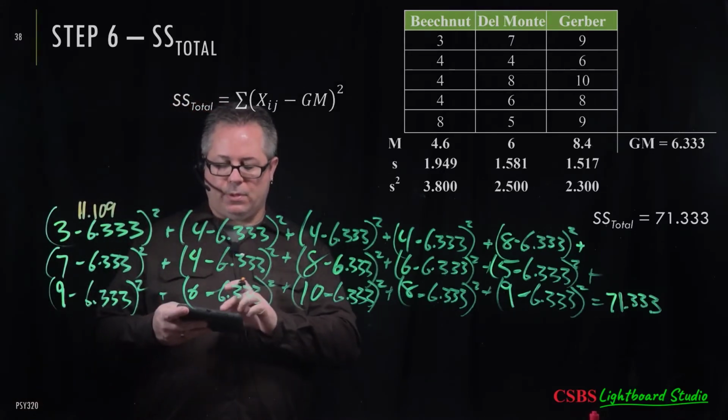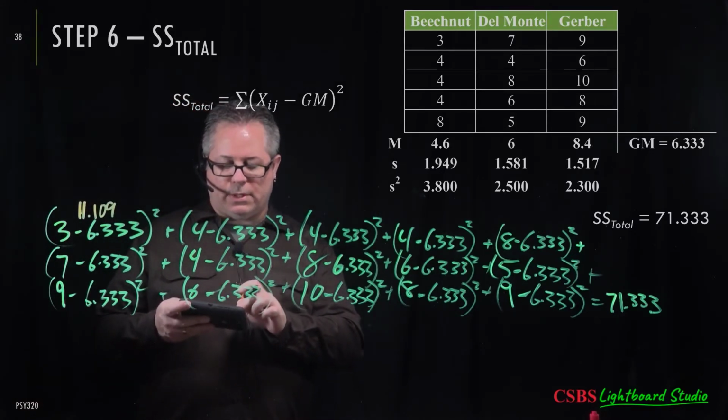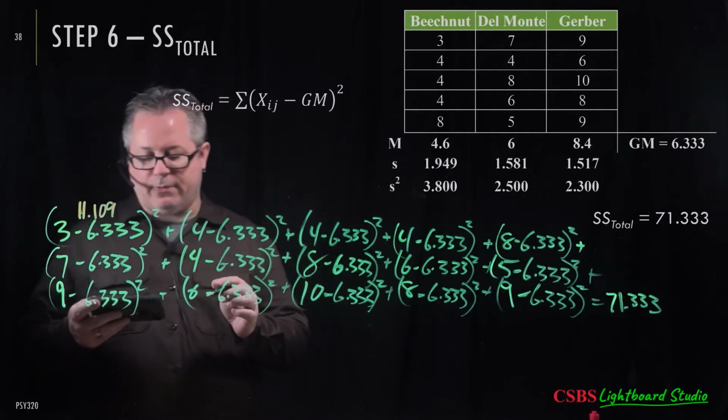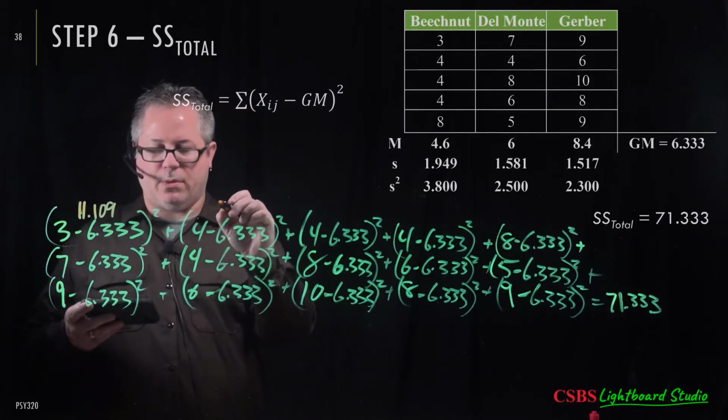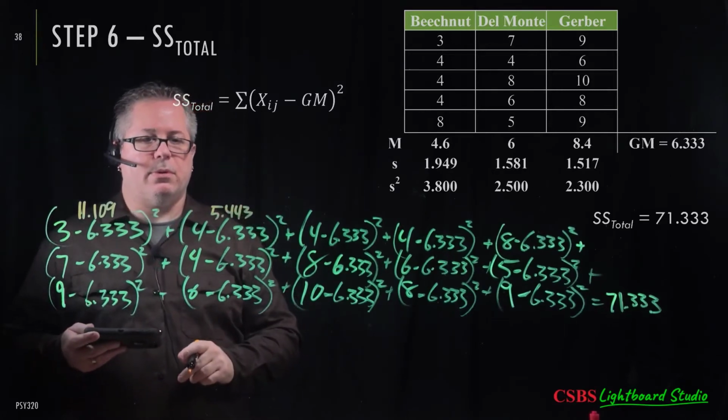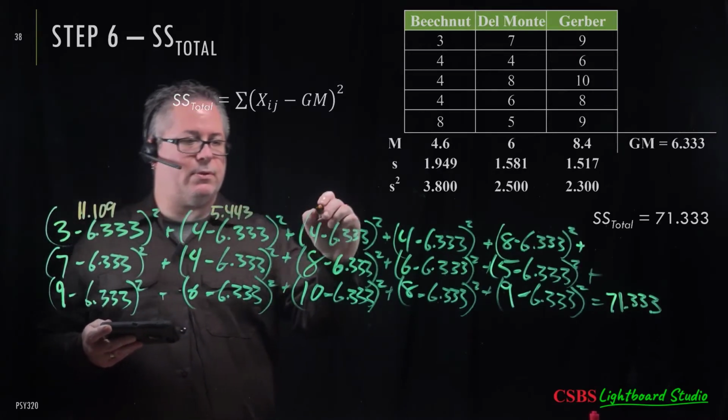So 4 minus 6.333 equals negative 2.333 squared, 5.443. Let's keep on going.